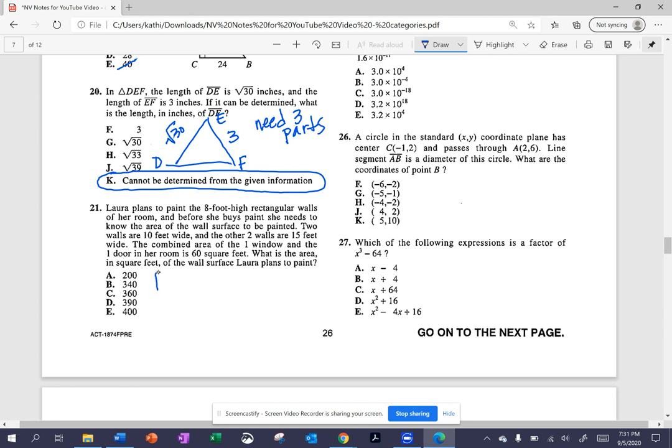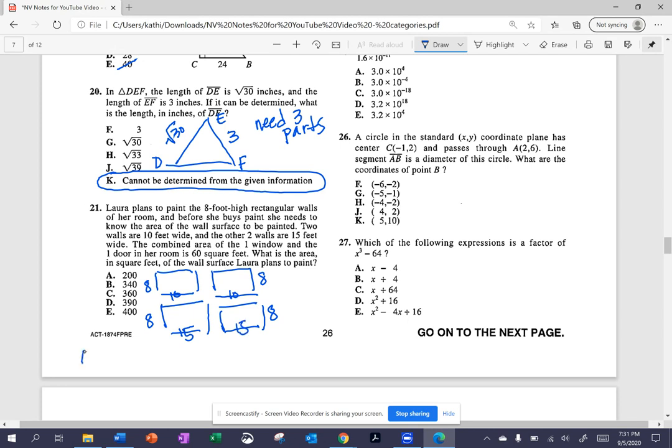So she has 4 walls, right? And the walls are 8 feet, and 2 walls are 10 feet, and 2 walls are 15 feet.